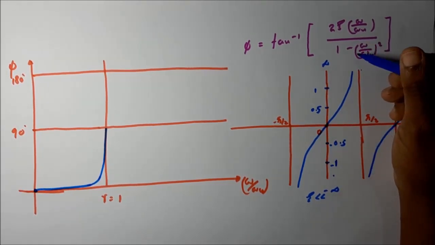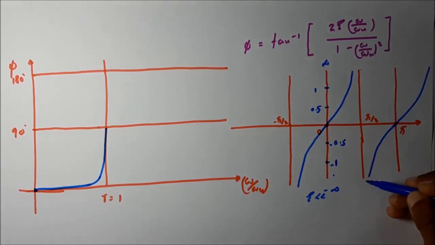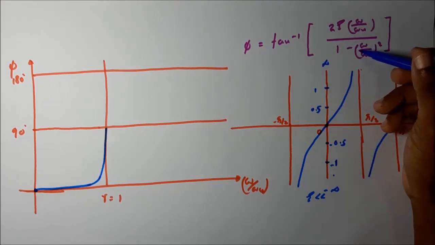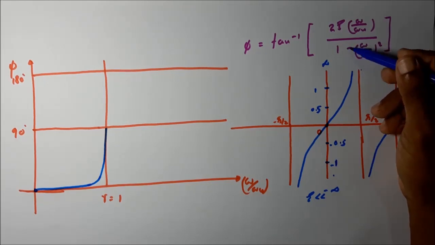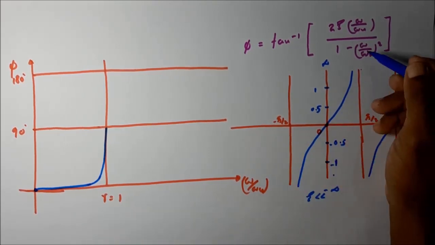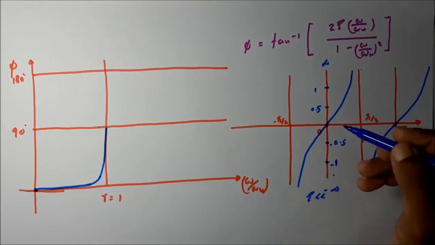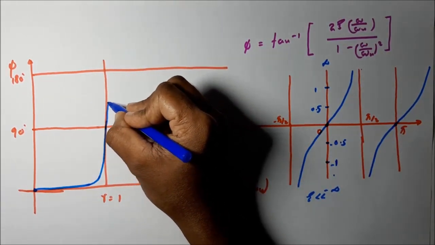If it is starting with the negative value, you can see this negative value reduces gradually, because when this frequency ratio is moving away from 1, the negative value reduces, so you can see it reaches to the pi. That means we are having this kind of graph.